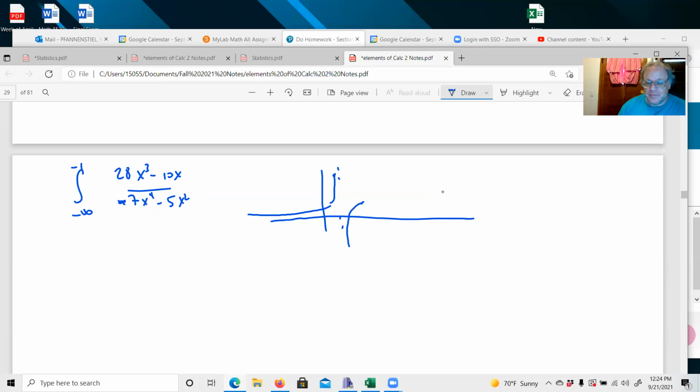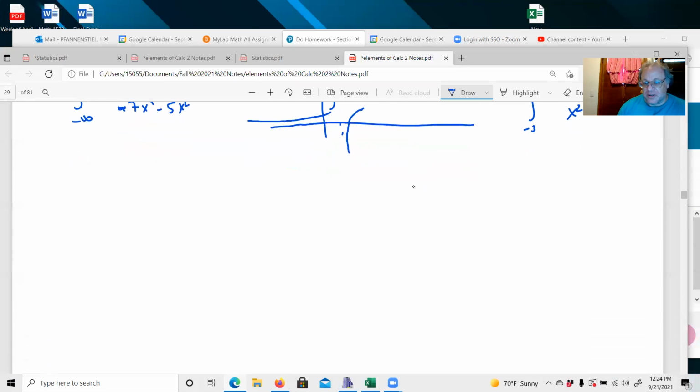For example, if we want to integrate from negative 3 to 5 of 1 over x squared dx, there's a problem at 0, because the graph blows up there. Negative 3 will be here, and 5 will be over here, and you'll just integrate right across this and completely forget about it. And that's going to be a problem.